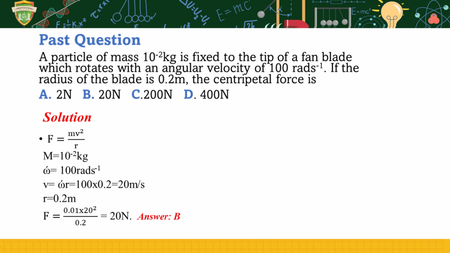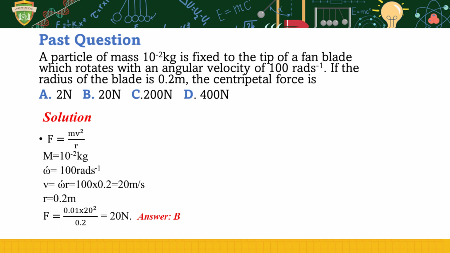Let us look at the question and pick out the parameters that are given. The mass was given as 10 raised to power minus 2 kilograms, the angular velocity, omega, is given as 100 radians per second, while the radius is given as 0.2 meters.